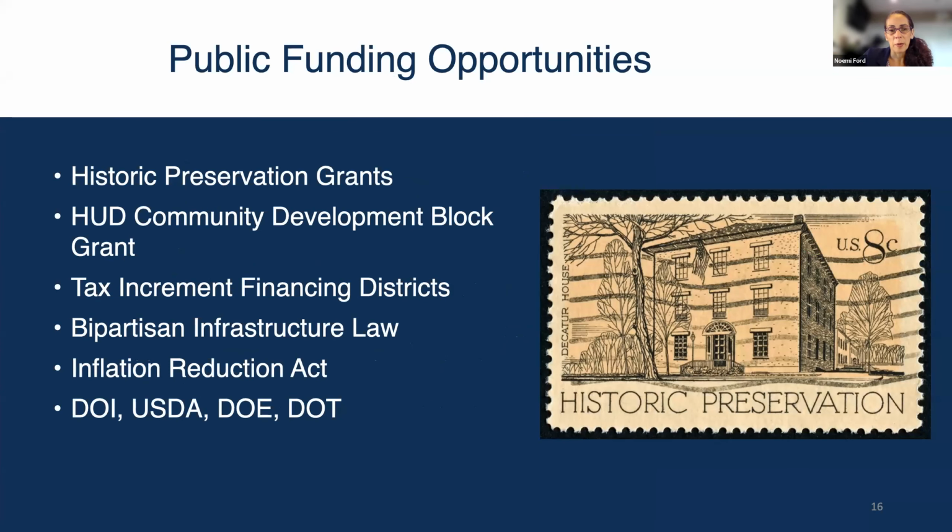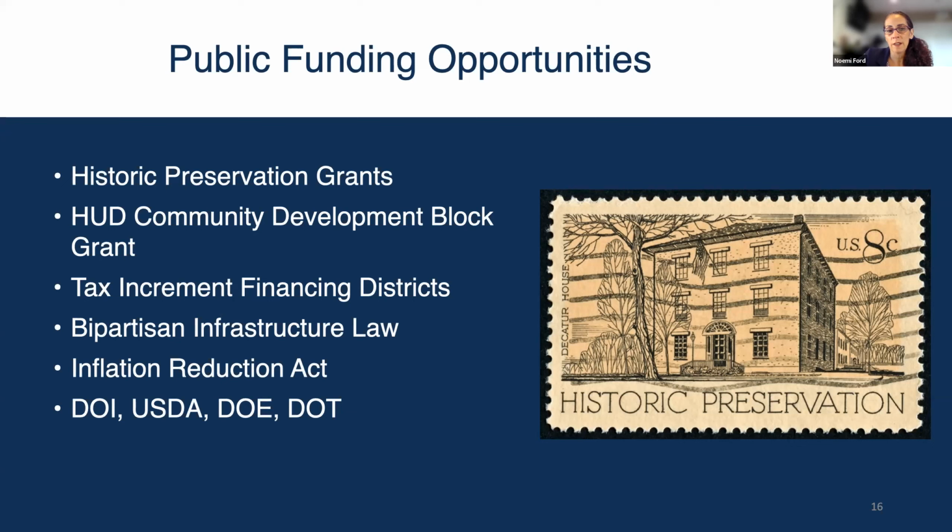So there are other public funding opportunities. Ignacio hit a little bit on having collaboration with other partners. Depending on where you're planning to do your redevelopment, there are historic preservation grants available for those who are planning to sustainably reuse buildings. You can also tap into Housing and Urban Development community development block grants.